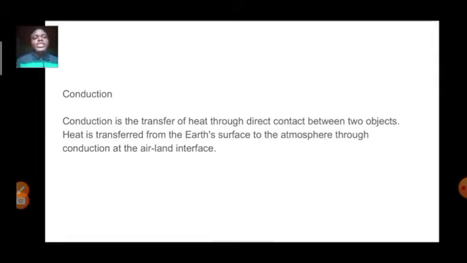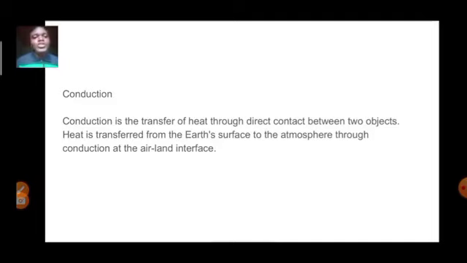The Earth, which is already heated, causes the air molecules that get in contact with the Earth's surface to be heated as well. When they get heated, as they rise or as they float around, they get in contact with other air molecules, and that is how heat is transferred from the surface of the earth into the atmosphere through conduction.